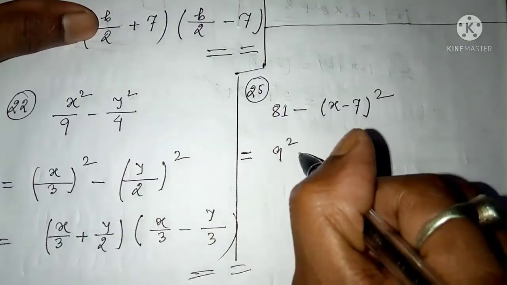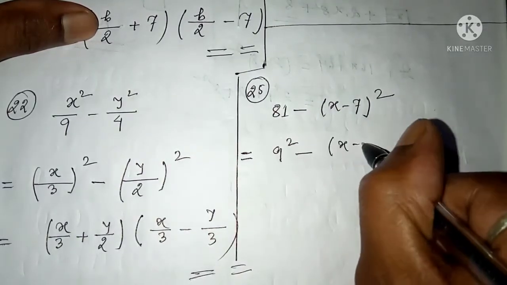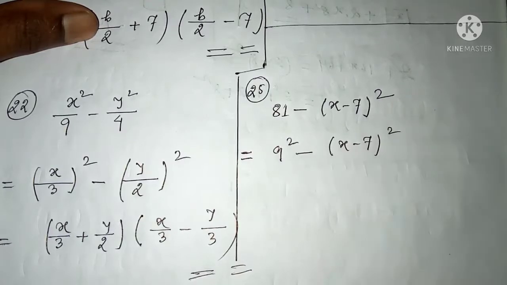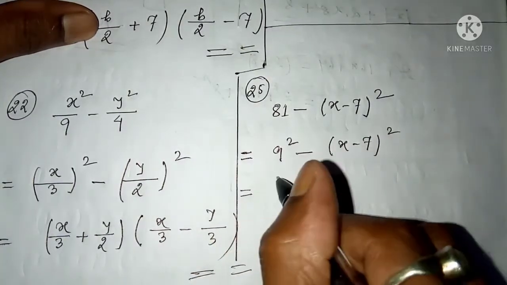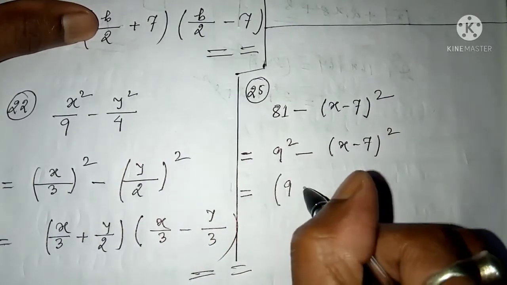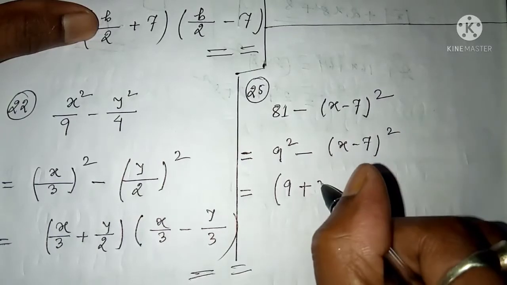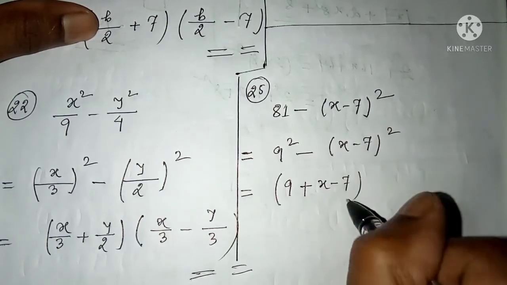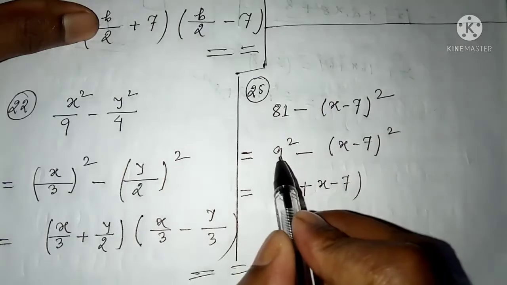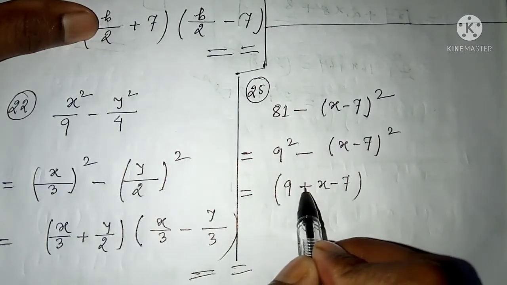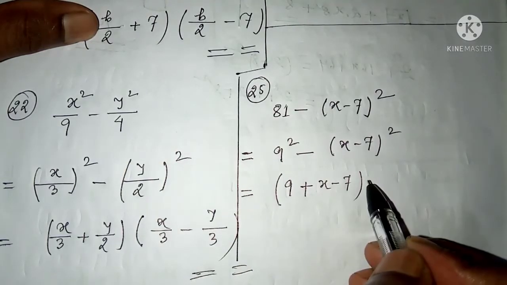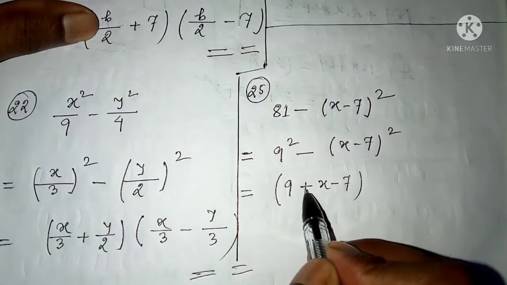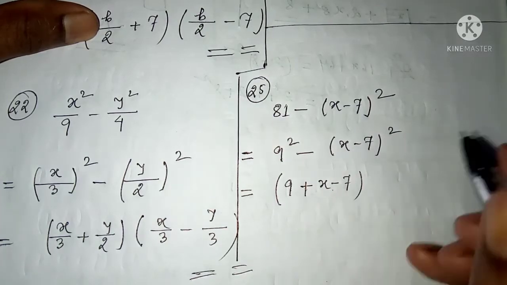Then you write this one as it is, x minus 7 whole square. Then you see here, first term plus second term, where the second term is x minus 7. I am repeating again, this is the first term plus, this is from the formula, because a plus b into a minus b I need to write. So first term plus second term, that is x minus 7.